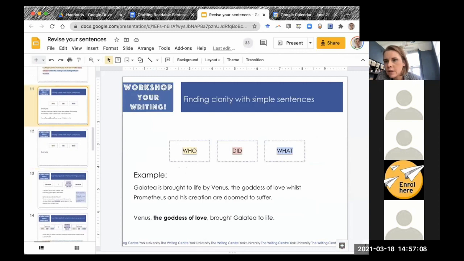Okay, so I'm just gonna review these, but I hope that I've shown you that the simple sentence, the who, the did, and the what, knowing that is key to being able to revise your sentences and make them grammatically clear. So simple sentence is who, did, and what, subject, verb, and object, or the rest of your sentence there.